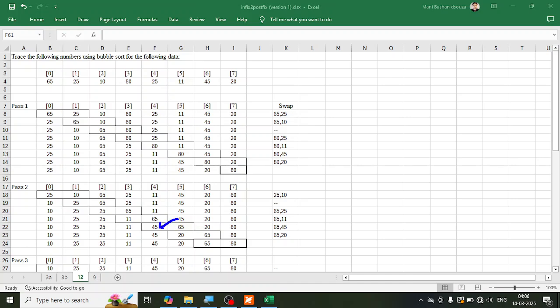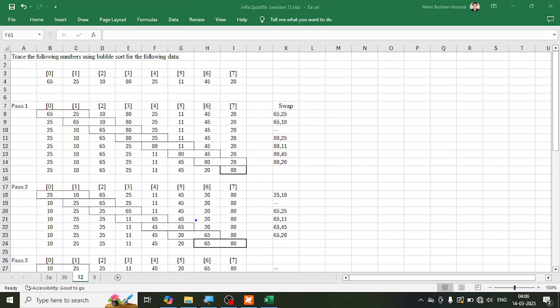So you interchange the position of 65 and 45. So that is being done. Let's go to the next iteration. You compare 65 with 20, and definitely there is not going to be any swapping. So you just keep them as they are.